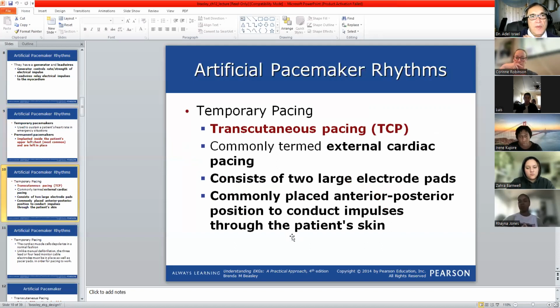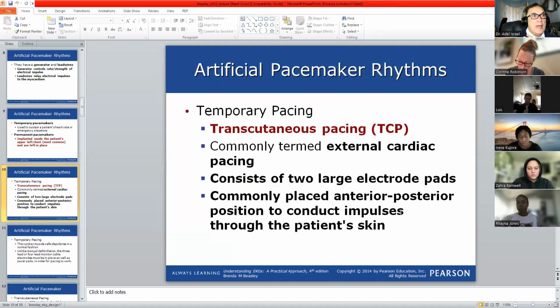Then we have the artificial pacemaker of two types. Transcutaneous: trans means through, cutaneous means skin. So transcutaneous pacing, commonly said as external cardiac pacing, consists of two large electrode pads like we are using in an AED.